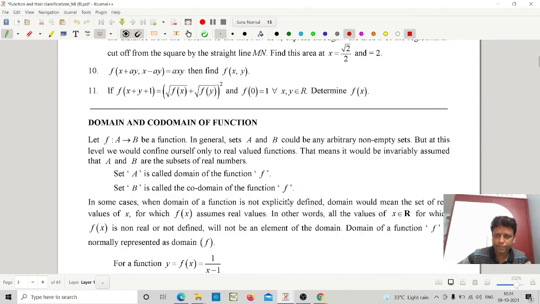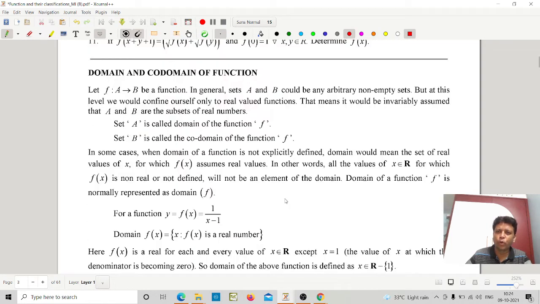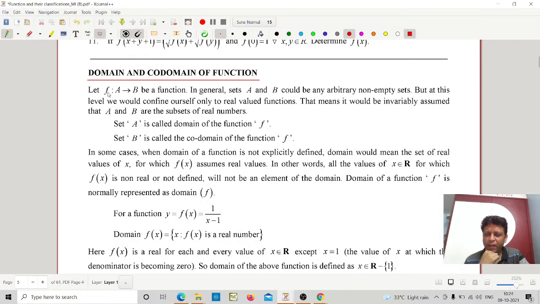Yes, sir. Now let us talk about domain and codomain. That is the main conflict area. If I write f from A to B is a function, A and B are two non-empty sets.